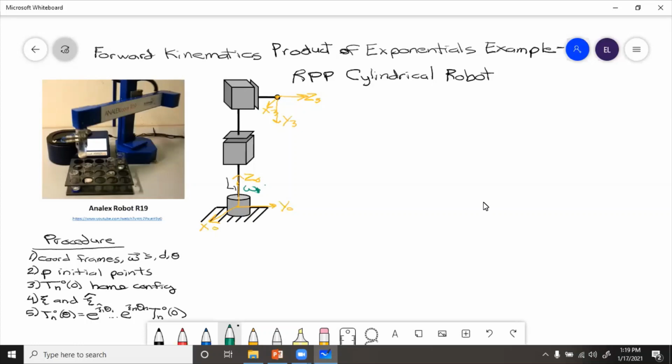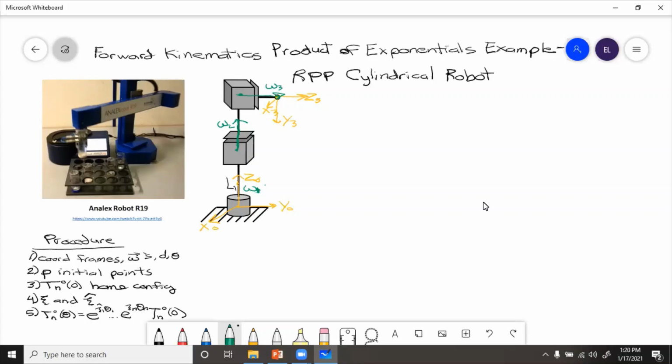And then here, omega 2 will point in the same direction that joint 2 moves. So even though it's 0, its direction is still in the z direction, omega 2. And then omega 3, similarly, still points in the z direction, even though its value will ultimately be 0.